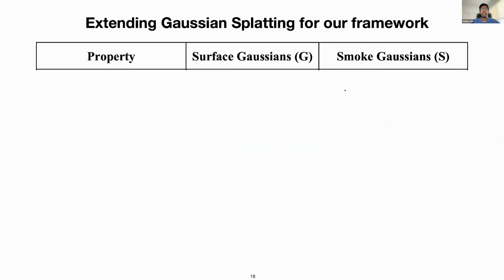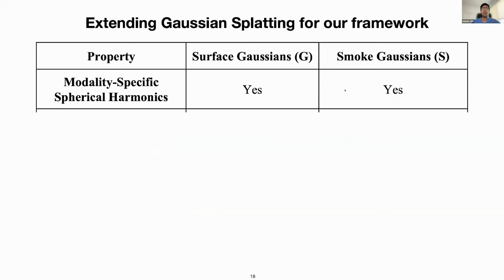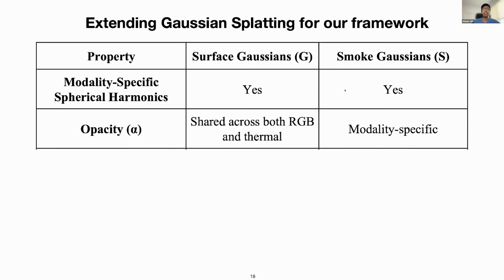To model the smoke and the surface, we extend the original 3D Gaussian splatting. Each Gaussian now has two sets of spherical harmonics, one to represent the RGB part of the scene and one to represent the thermal part, so it has two sets of colors essentially. For the surface Gaussians, there's only a single set of opacity, which is the transparency value.